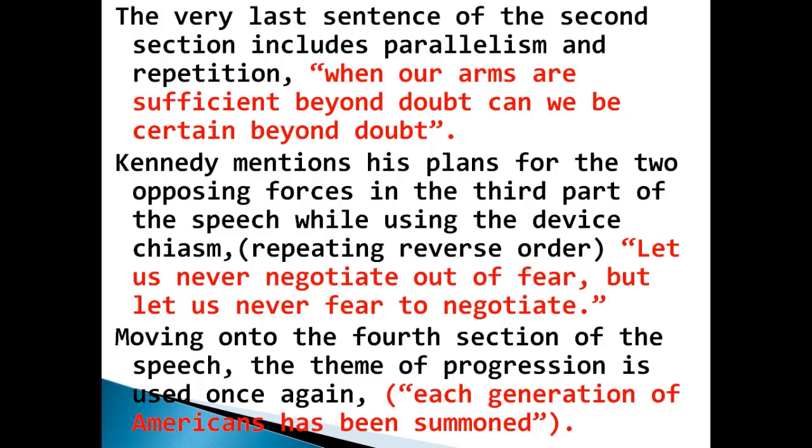So it was like an inversion. It means that we shouldn't fear to negotiate and talk with other people who have some reservations and problems. So it's just repeating the other way around.